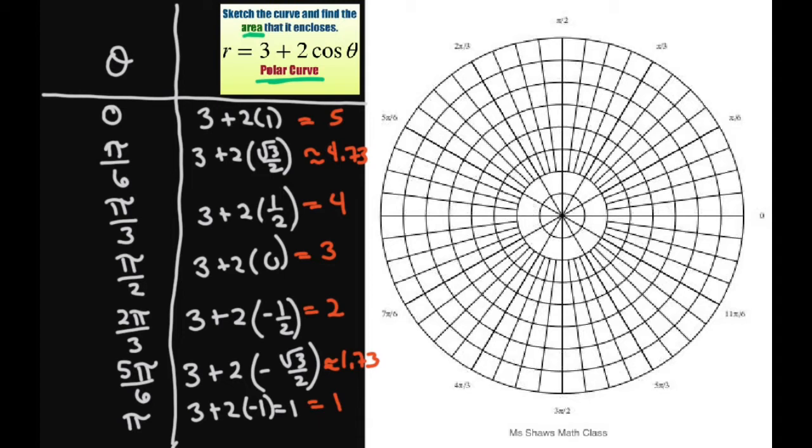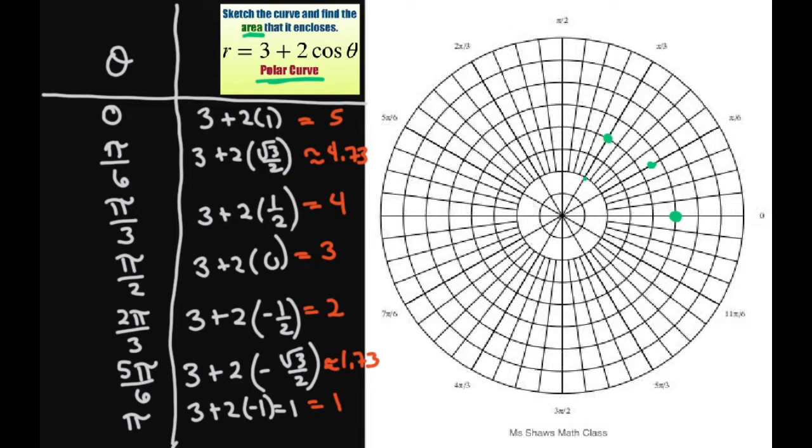We'll start at 0, we're at 5. At pi divided by 6, we're close to 5. At pi divided by 3, we're at 4.